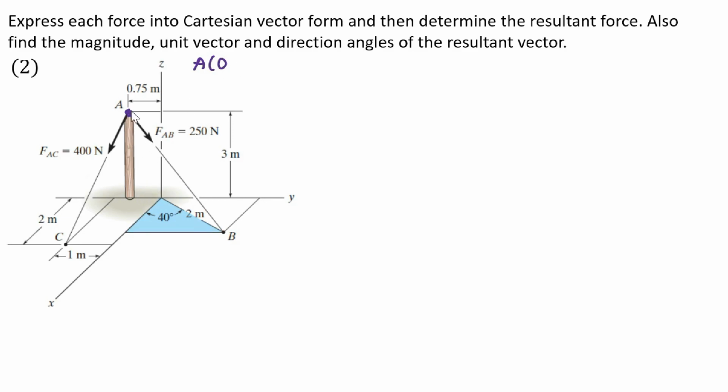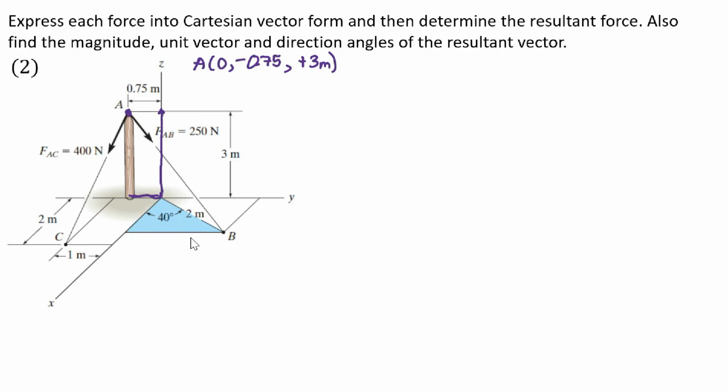Now, we will also get the dimension along Y. This is the Y-axis, and that is 0.75 meters, and that will be negative because this dimension is found on the negative Y. And for Z, the distance is 3 meters, and it's positive because it's along positive Z. That is now our point A.